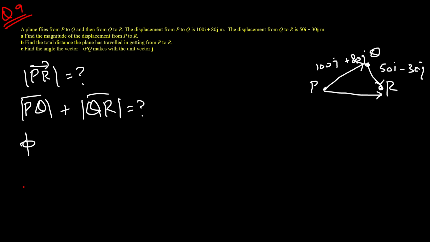So the first part is very simple. We have to find the vector PR and then get its magnitude. Vector PR is the sum of vector PQ and vector QR.